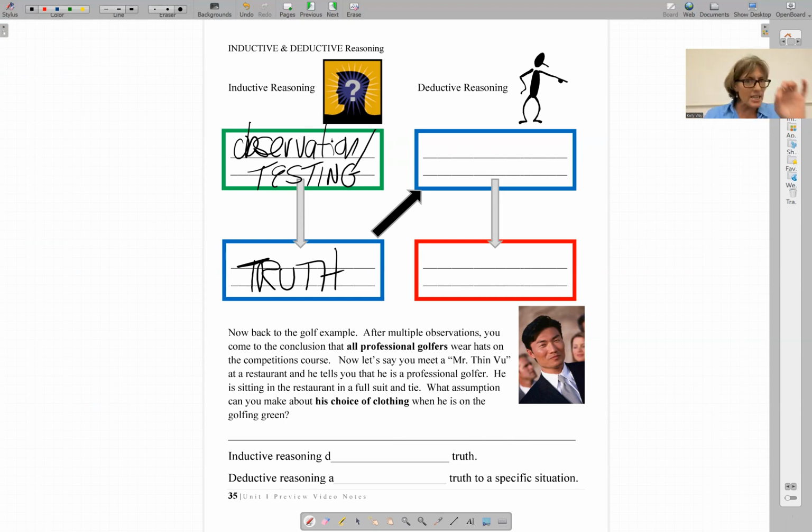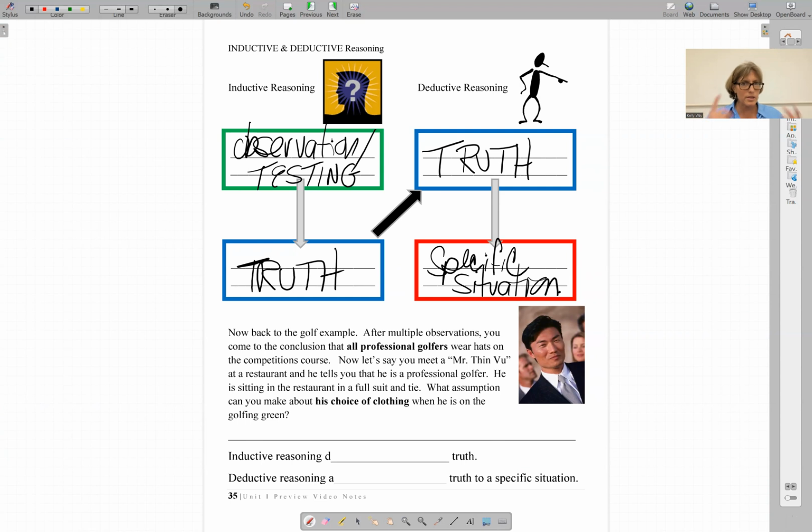Okay, that's inductive. Deductive says this: you start with a general truth and you apply it to a specific situation. Start with a general truth and you apply it to a specific situation.